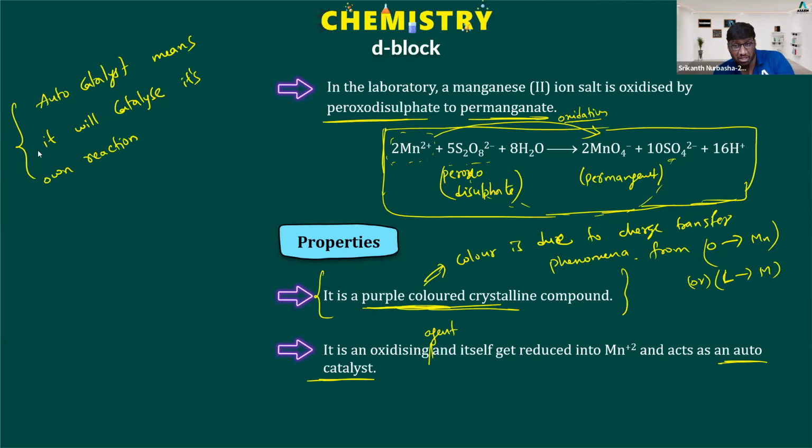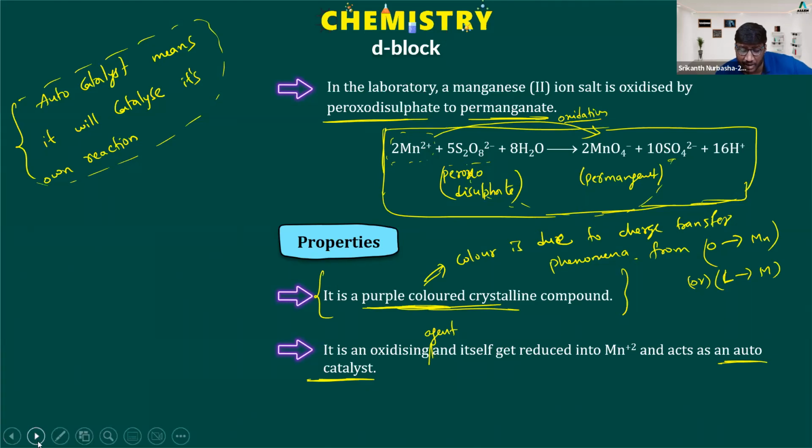Autocatalyst means once the species is formed, it will catalyze the reaction. So it catalyzes its own reaction, and as it is formed, the rate of the reaction increases. Initially the rate will be slow, but as it is formed, the rate will increase. It is an oxidizing agent and itself gets reduced to Mn+2, and acts as an autocatalyst.